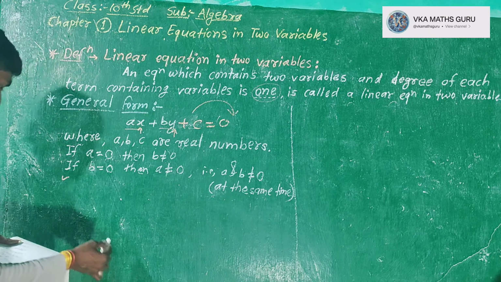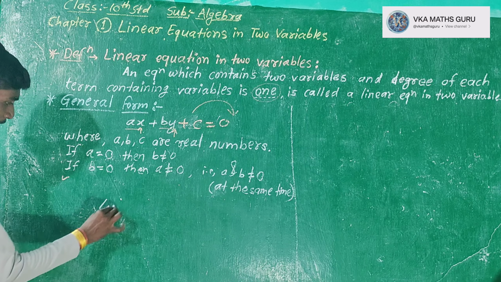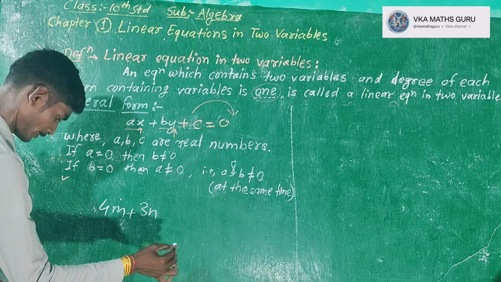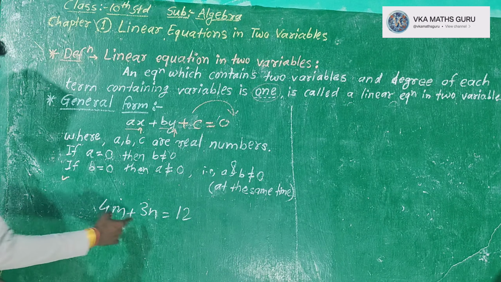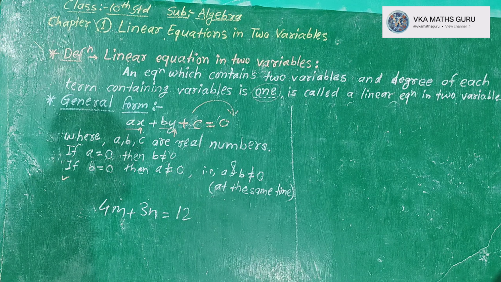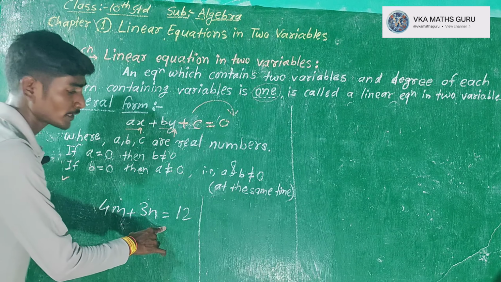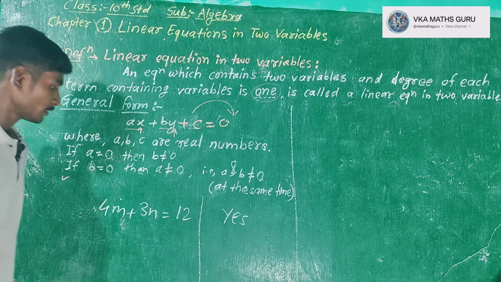The equation given in your textbook is 4m plus 3n equal to 0. We want to check whether this is a linear equation in two variables or not. If it is a linear equation, then write yes, otherwise write no.